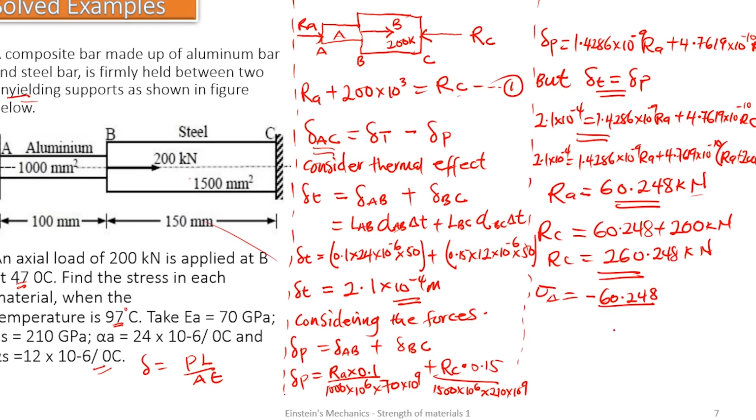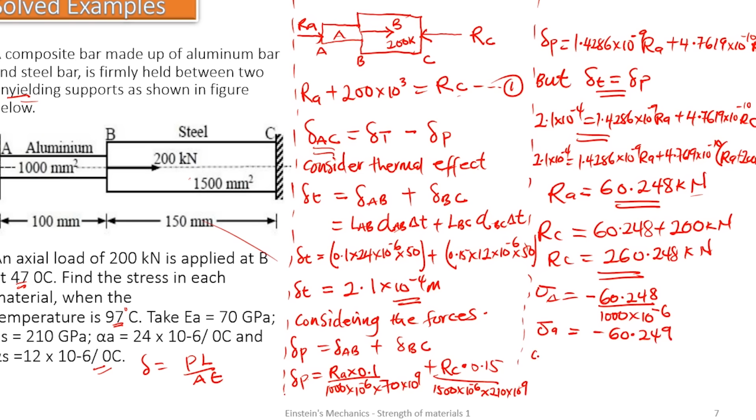We can convert it to meter because we are dealing with meter. So 1000 times 10 to the power -6, because when you are converting, we divide by 10 raised to the power 6. So remember here, they are all -6. And my stress in A, the aluminium, is going to be -60.249.